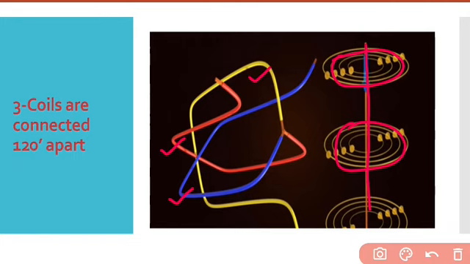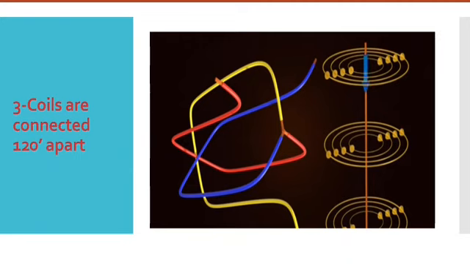Now, when a three-phase power supply is given to this special arrangement, the magnetic field produced is assumed at a particular instant. So this is a very basic phenomenon of the induction motor: whenever a current carrying conductor is placed, a magnetic field is produced around it.